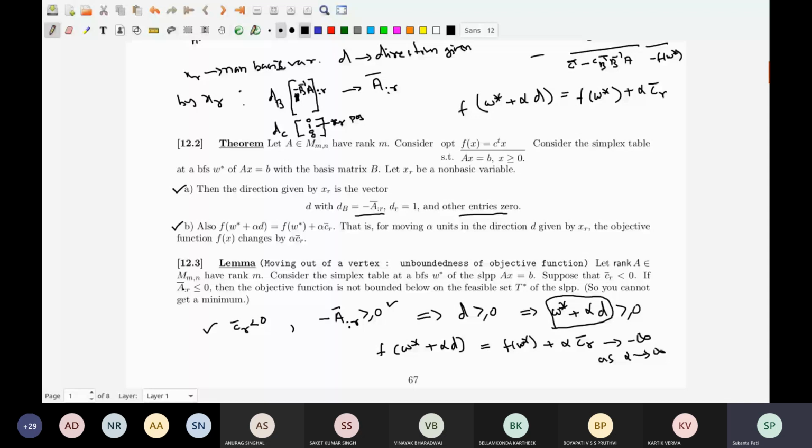This is another test, the test for unboundedness of the objective function. It says if C bar R is less than 0 and the rth column of the simplex table, that is the rth column of A bar, is less than or equal to 0, then the objective function is not bounded below. So you cannot get a minimum.